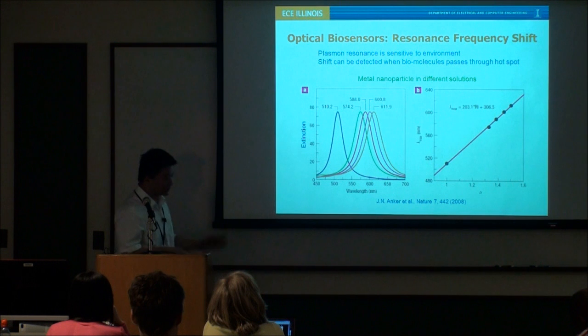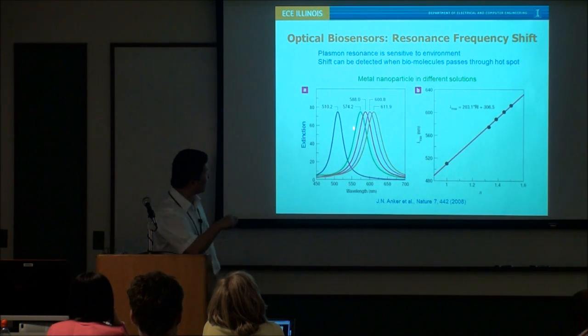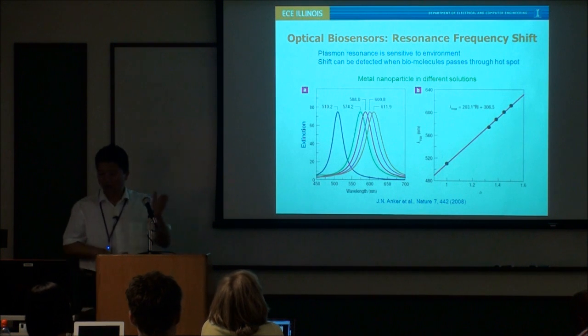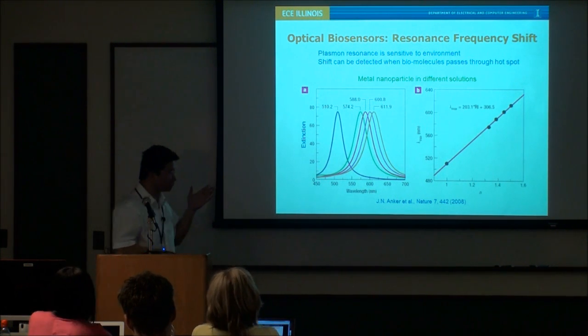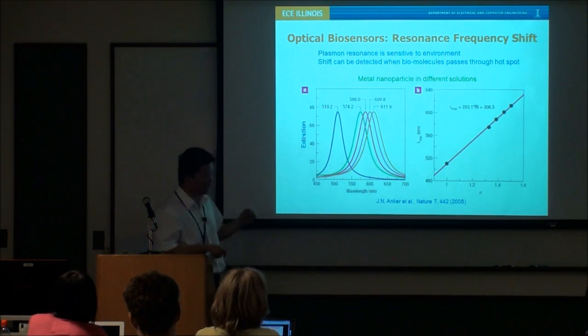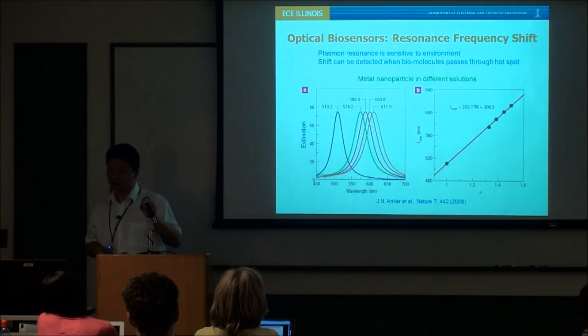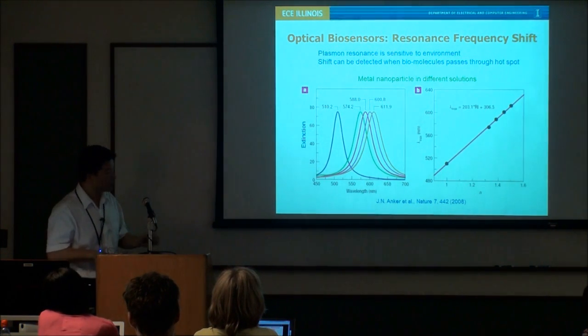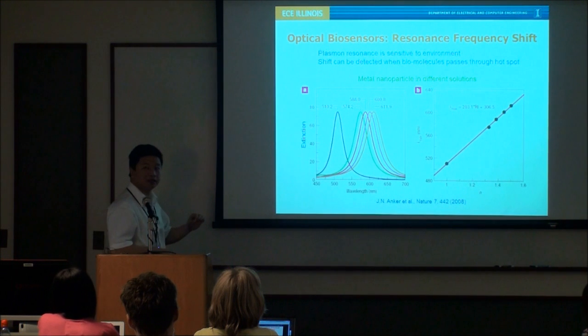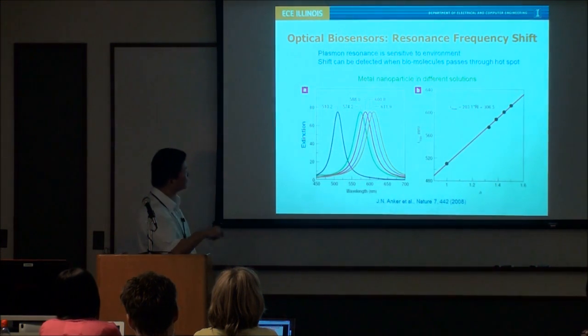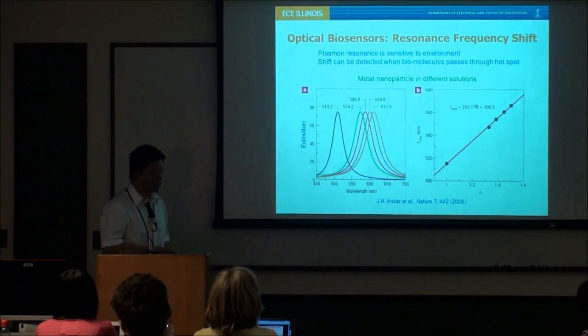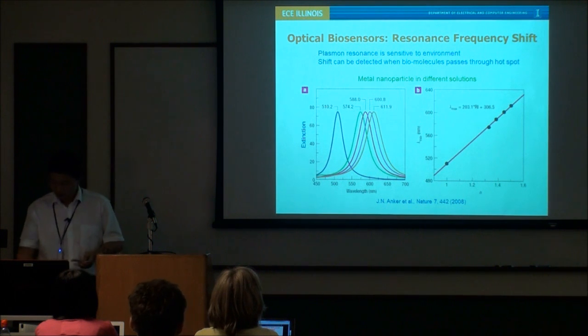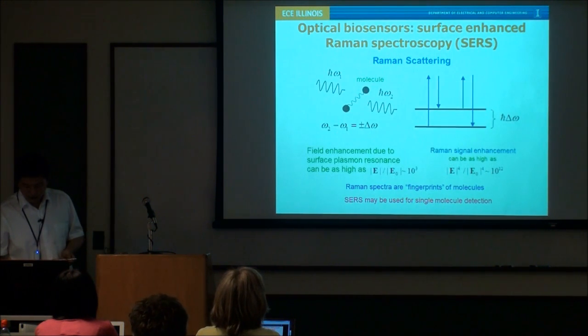If you change the media from air to water, you can see a huge shift of the plasma resonance mode. And if you change the refractive index a little bit by adding different DNA or proteins on the surface, you can further modify that refractive index, and you would expect some other tiny shift of the resonance mode. Okay, so these are applications, and we will have a session about an application next week.